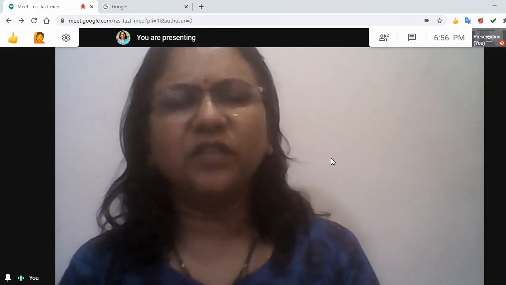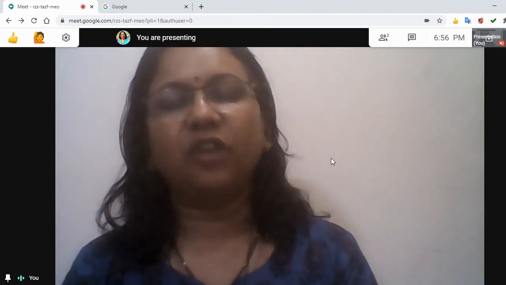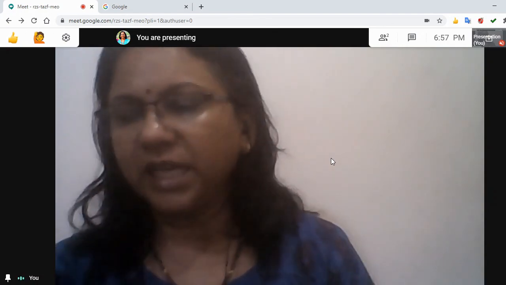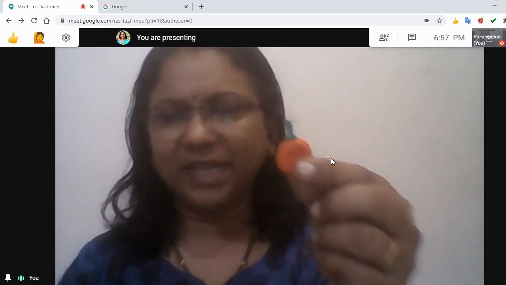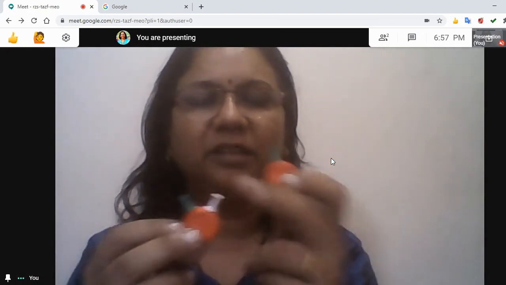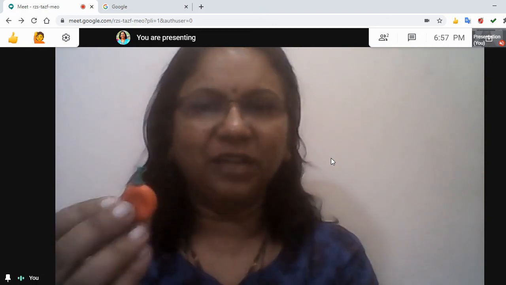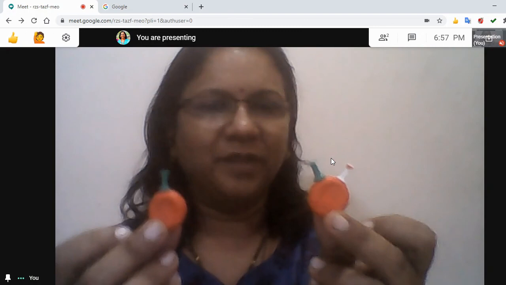This antigen was first found in the rhesus monkey, and that is why it is called RH factor. So you can see here, suppose this is A antigen, and suppose we consider that the white pin is the RH factor. So this is A negative and this is A positive, right?